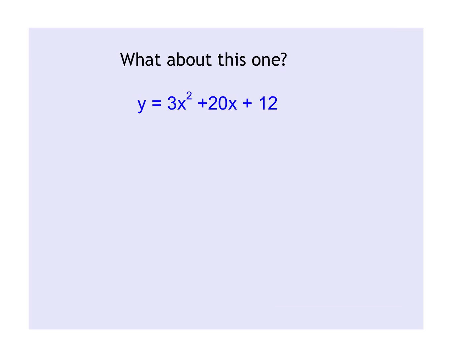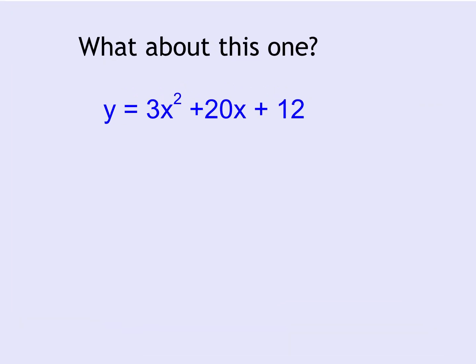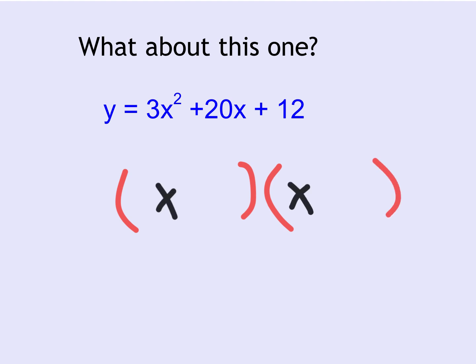How about this one? That's the new kind for today. Focus on this purplish colored page. As soon as you put in x and x, I hope you go, wait, that's not going to work. Paloma, what should I use instead?